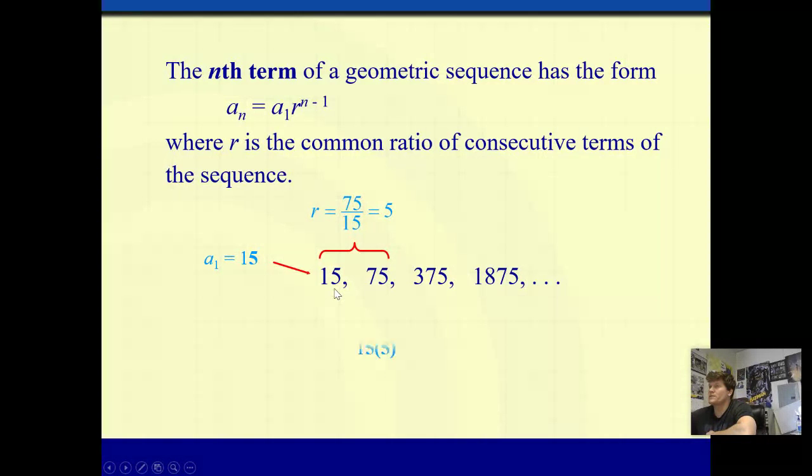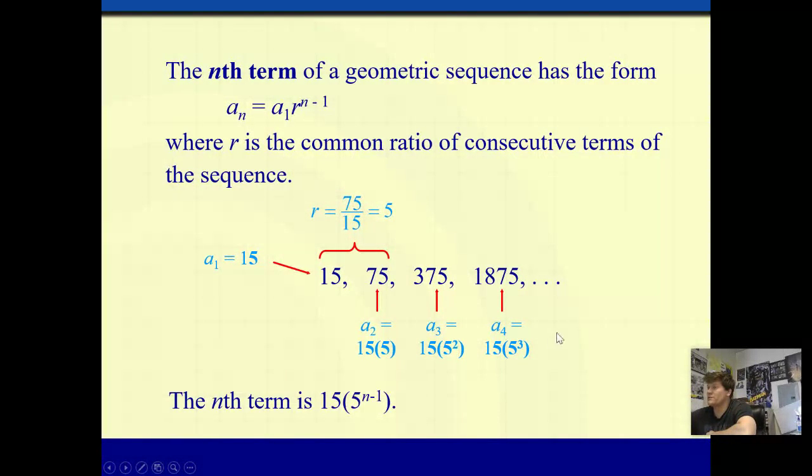There's our first term, 15. Find the common ratio by dividing. Looks like our common ratio is 5. Notice it's 5 to the first power, 5 to the second, 5 to the third. All it is is just repeating that common ratio every time. So we can use that to come up with our explicit formula: 5 to the n minus 1 times our first term, 15.